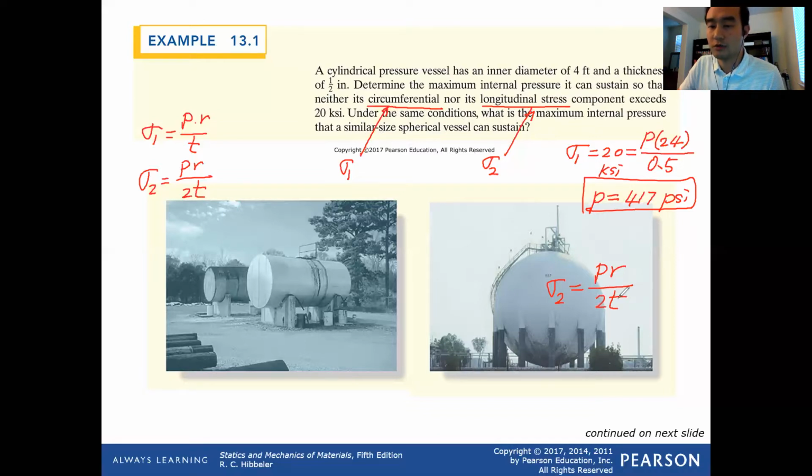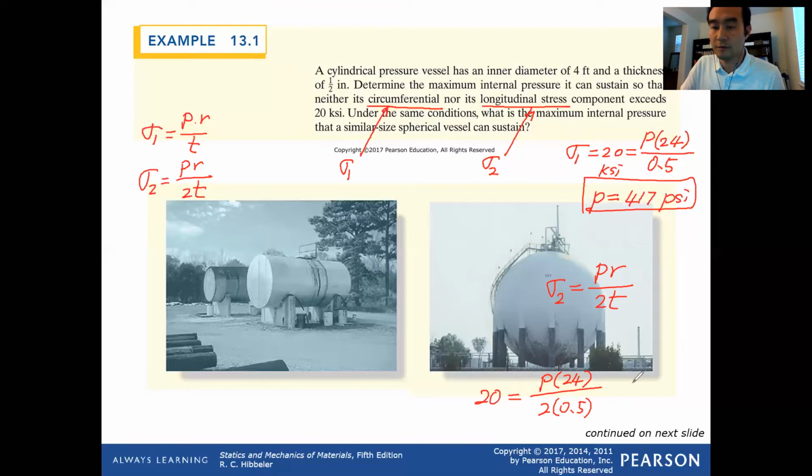So we're going to use this equation. Now the corresponding sigma is the same, 20 ksi, equal to the unknown pressure P, and R is still the same, 24 inches, divided by 2 times the thickness, which is 0.5.